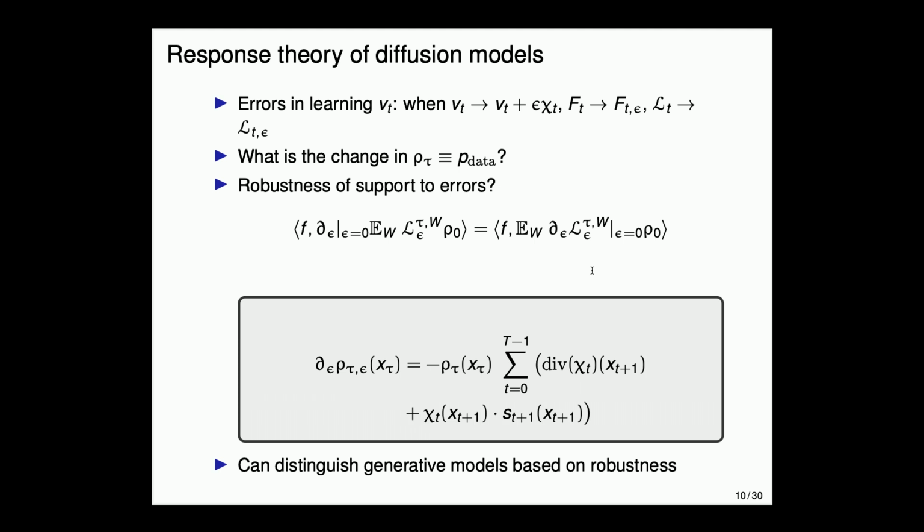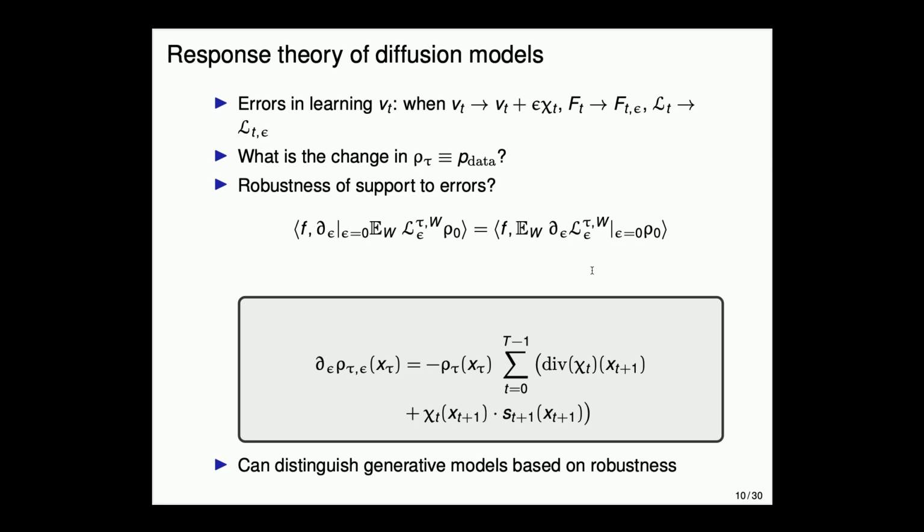For any generative model that has some mild regularity property such that all this integration by parts can go through, in the limit of infinitesimal errors, the errors in the generated density will be supported exactly where the target is supported. So the support is retained for infinitesimal errors.